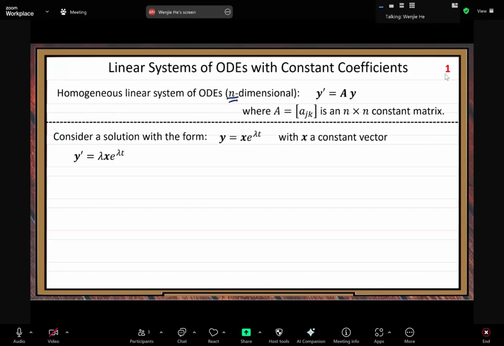For the e part, we apply the chain rule, so we get lambda times this same vector. Also, by the original equation, y prime equals A times y vector, so the second equality is based on the original equation.